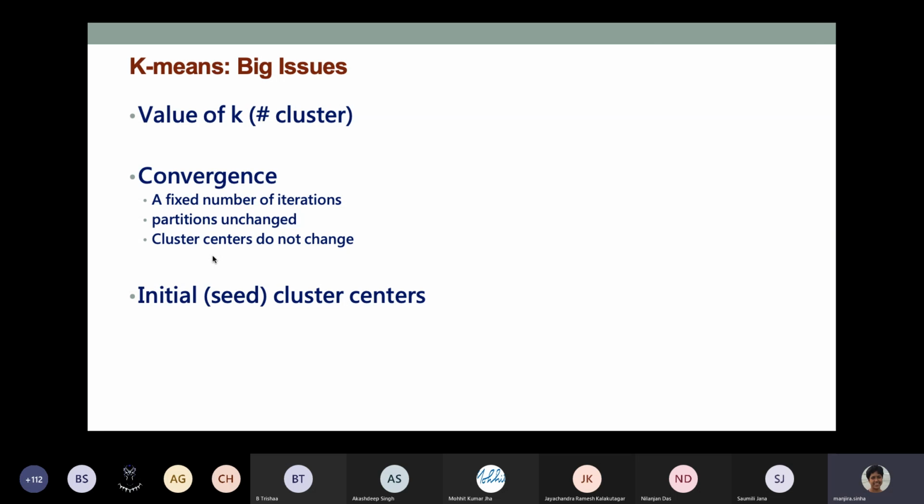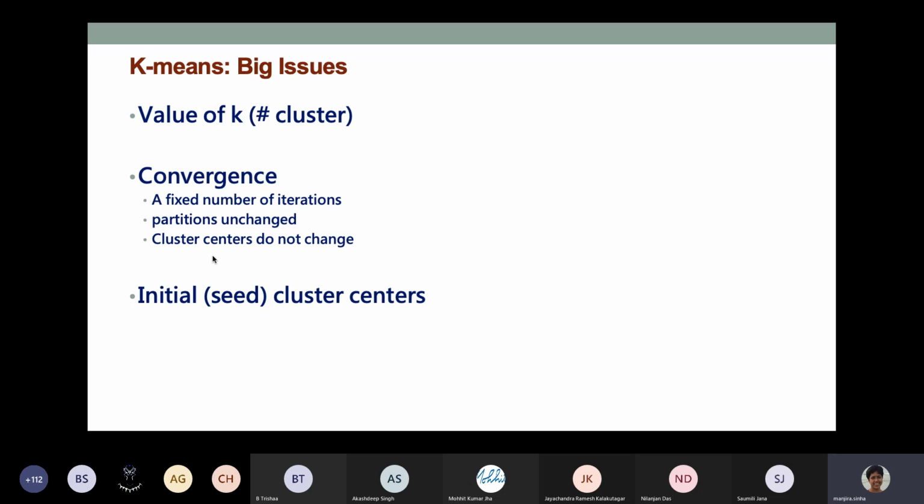Now, what are my big issues for k means? Of course, first is my value of k. How do I know the number of clusters? Second is my convergence criteria. So I can take one of the three: either a fixed number of iterations, or partitions are unchanged, or my cluster centers do not change.